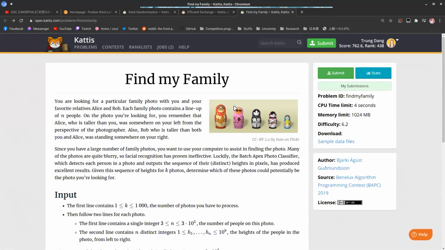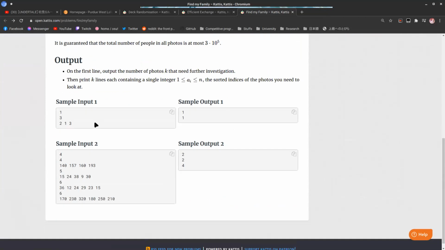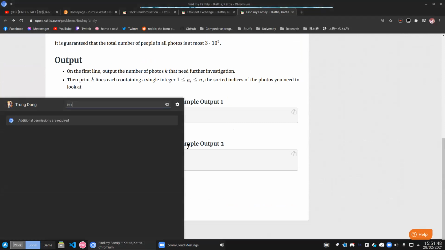Let's talk about F. You're given an array of distinct integers, and you want to know if there exists a 2, 1, 3 pattern. What do I mean by that?